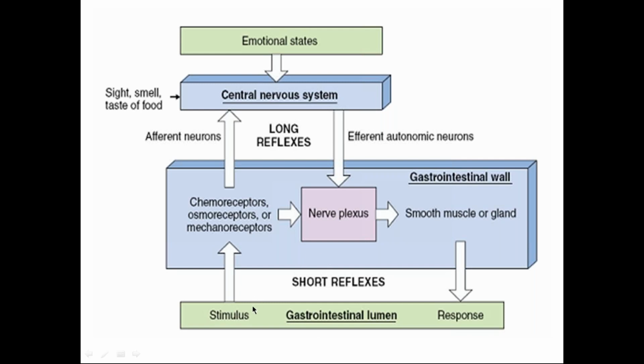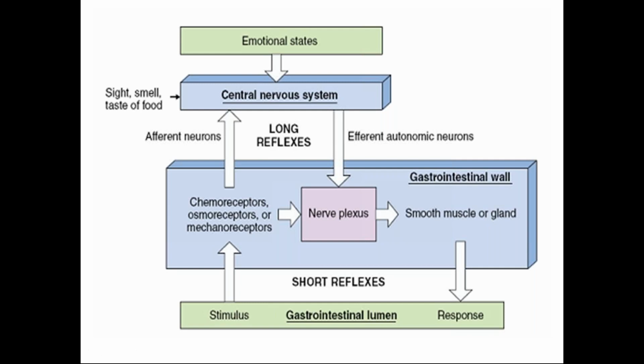Or you have ingested something, so there is the role of your chemoreceptors, osmoreceptors, and mechanoreceptors, which will act on the nerve plexus, on the enteric nervous system, and affect the activity of the smooth muscle or the gland. So these are your short reflexes, and those are the long reflexes.